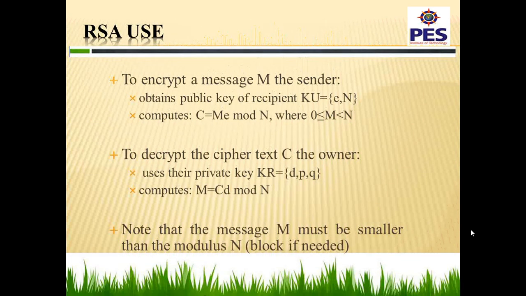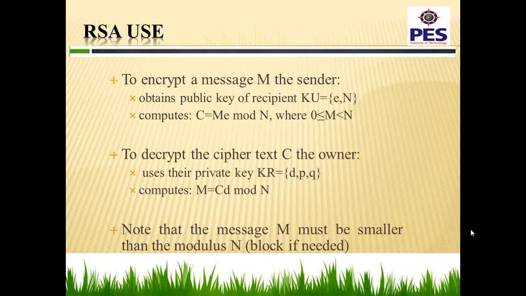So let us see how we encrypt and decrypt messages. To encrypt a message, the sender has to do two things. Obtain the public key of the recipient, which consists of two numbers, and encrypt the message by computing the message to the power e mod n.